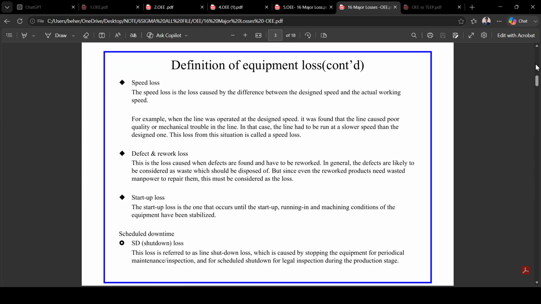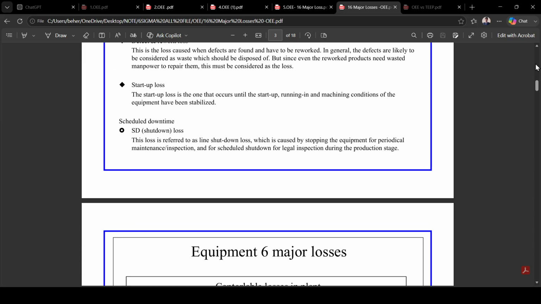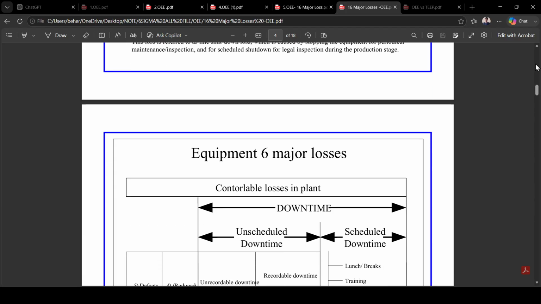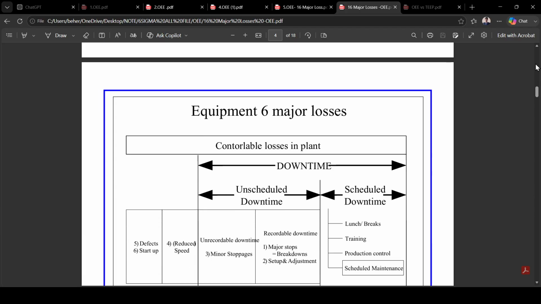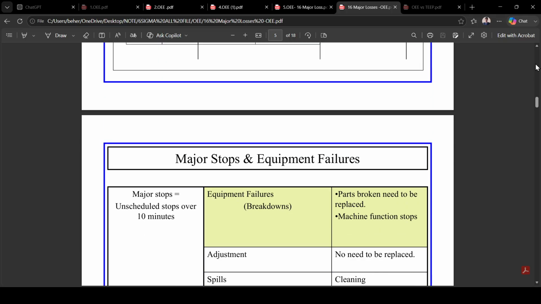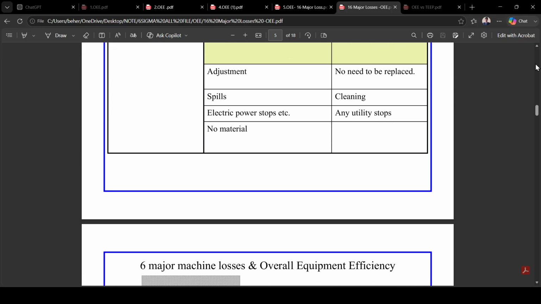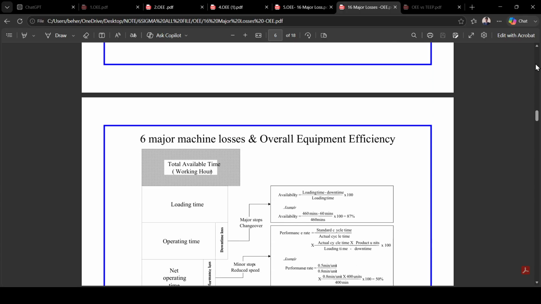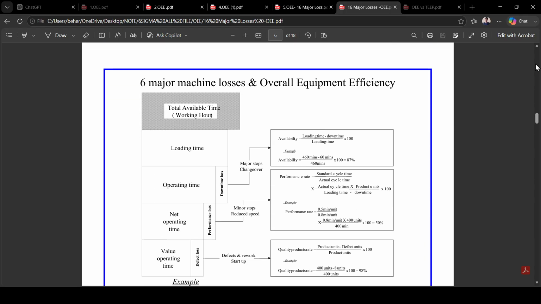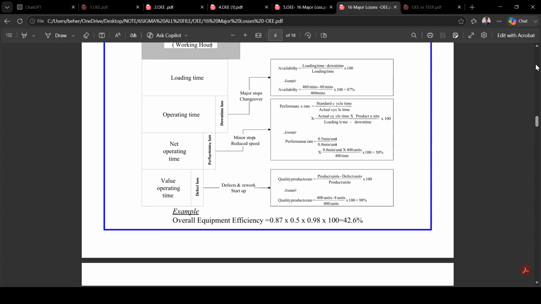So as per your requirement you can read and understand that. Then the 16 major losses. Major stops and equipment failures. Then six major machine losses and equipment efficiency.